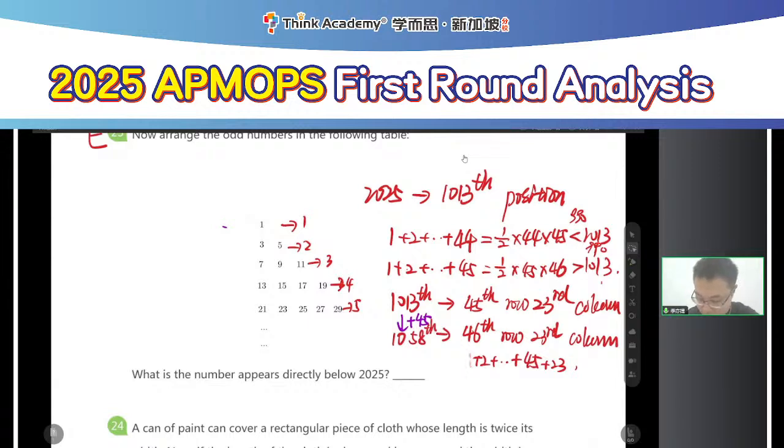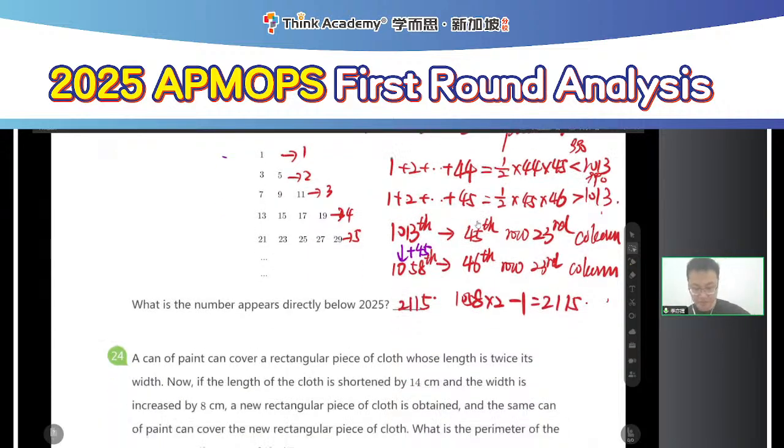So we can use 1058 times 2 minus 1 to find the answer. 2115 is correct. Because you count 45 numbers behind, you just plus 90 to 2025, right? You see, yeah, this is correct. This is an easy question.